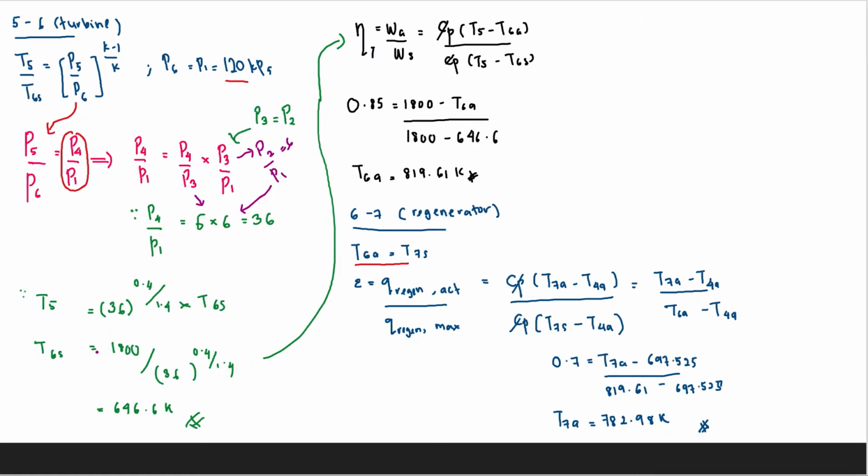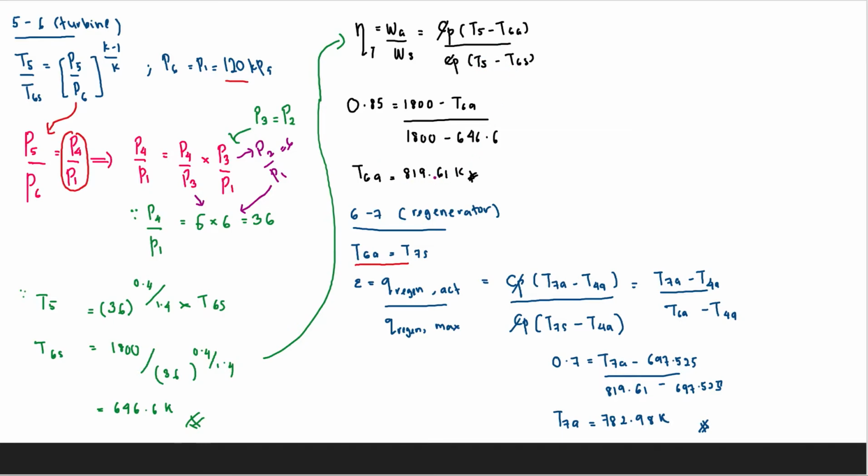Then I put all the values here, and I find that T6S is equal to 646.6 Kelvin. Sorry, this is T6S, not T4S. To find T6A, I will use the isentropic efficiency of turbine formula, which is WA over WS: T5 minus T6A over T5 minus T6S.